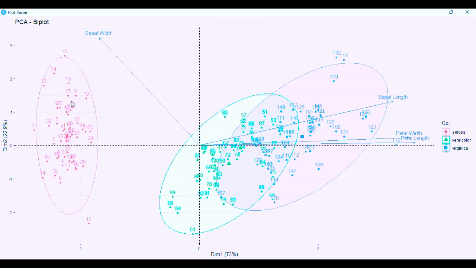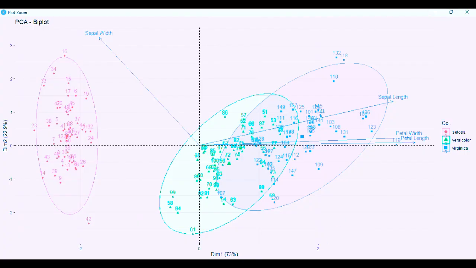Setosa here is clearly separated, while versicolor and virginica, here in green and red, partially overlap. This confirms the biological relevance of the PCA.